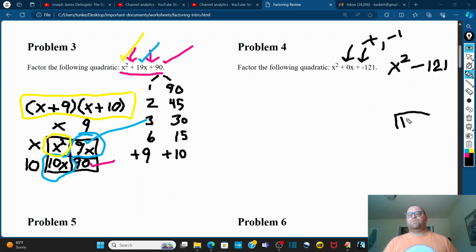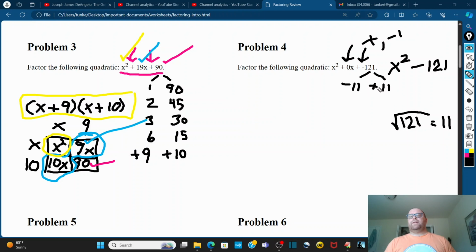So if I take the square root of 121, well, what's the square root of 121? Well, that's 11. 11 times 11 is 121. But remember, we're going to have a negative 11 here, and we're going to have a positive 11.